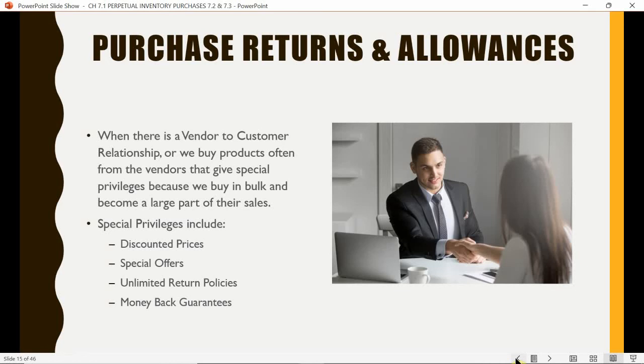So if we're buying thousands and thousands of items, then this vendor is going to ensure that whatever we ask for is going to be met. So if for any reason we have to return, they will give us discounted prices, special offers, unlimited returns. And of course, if you're completely unsatisfied, you should be able to get your money back, guaranteed. Okay?